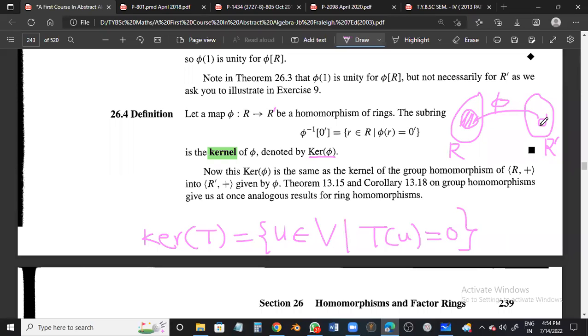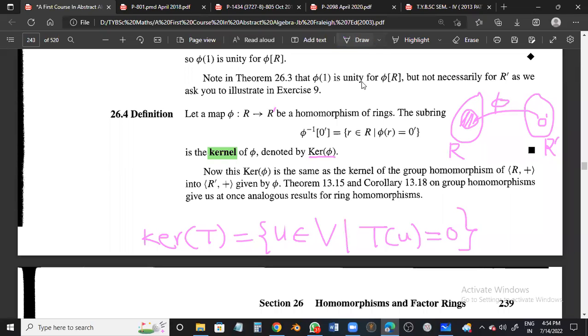Whatever members are mapped to zero dash, I am collecting all of them under a set, and that set is labeled as the kernel of phi. Followed me? Okay. All right.